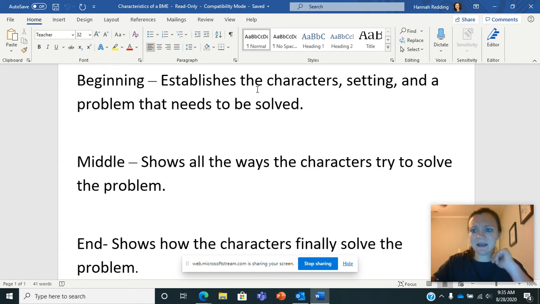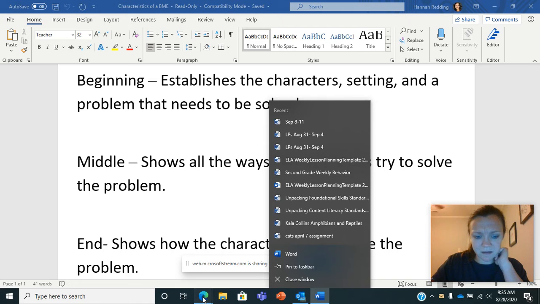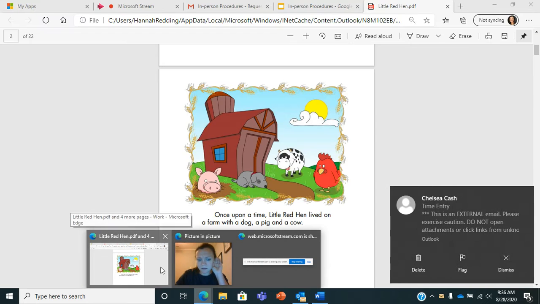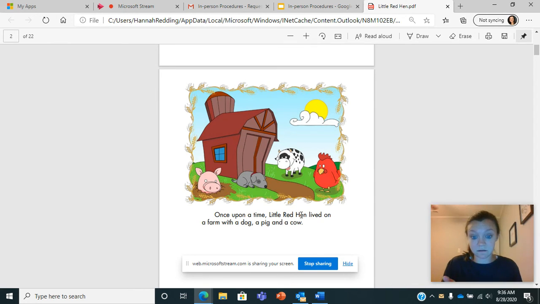Go ahead, tell me the characters that we just learned about in the beginning of our book. Good. So we've learned about that little red hen, who I'm assuming is going to be our main character since that's what our book is called, with a cow, a dog, and a pig. So fun. Let's keep reading.